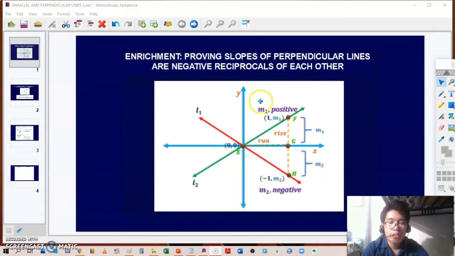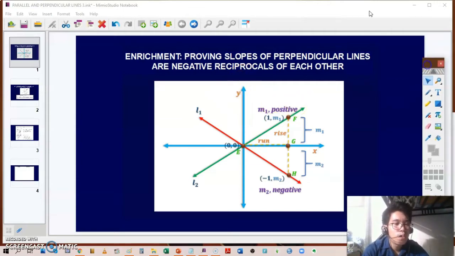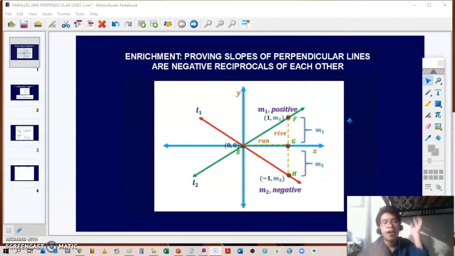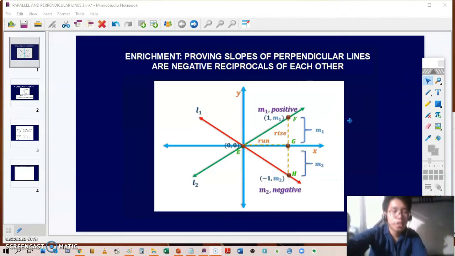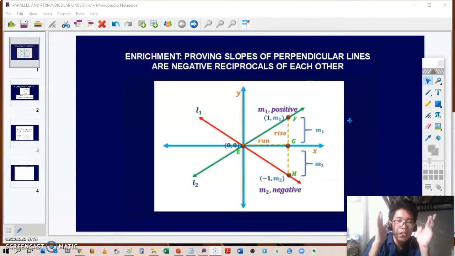Okay, so for our enrichment topic, we need to prove that the slopes of perpendicular lines are negative reciprocals of each other. Have you ever wondered why? Because we know that when two parallel lines are on a plane, they must have the same slope in order to be parallel.